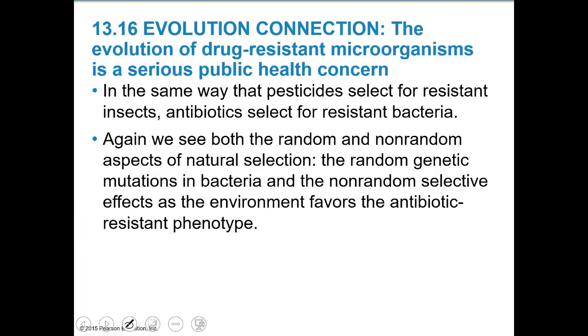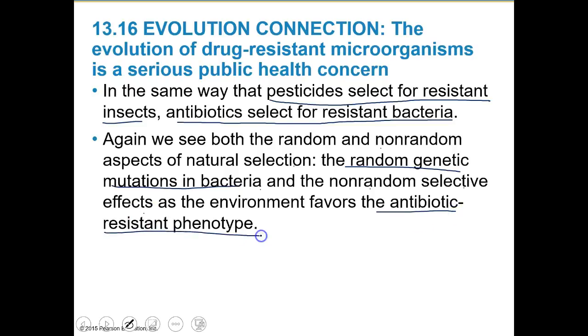In the same way that pesticides select for resistant insects, antibiotics select for resistant bacteria. So we see both the random and non-random aspects of natural selection: the random genetic mutations in bacteria that give this kind of genetic resistance, and then the non-random selective effects as the environment favors the antibiotic-resistant phenotype.